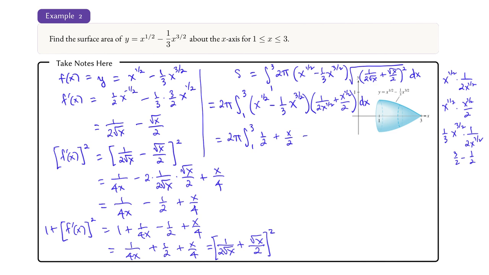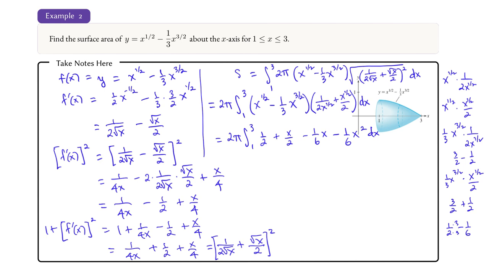The coefficient 1/3 times 1/2 is 1/6, but the power is 3/2 minus 1/2, which is 2 over 2 or 1. The last term is 1/3 x to the 3/2 times x to the 1/2 over 2. We add the powers 3/2 plus 1/2, which is 4/2. And so it is 1 over 6 x squared.